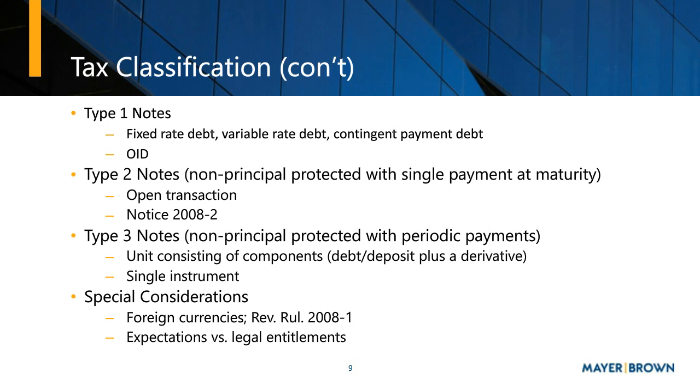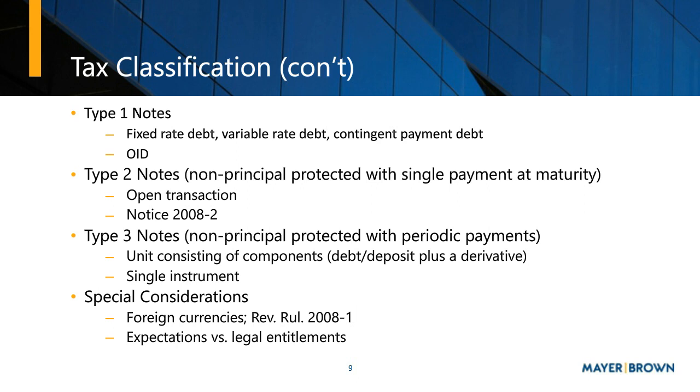And so you would treat it as some kind of income-bearing single financial contract. Typically issuers will treat the coupons as giving rise to ordinary income, and then the back-end payment essentially includes the wait-and-see approach that we discussed for the Type 2 notes. And so it's a combination of those two pieces.